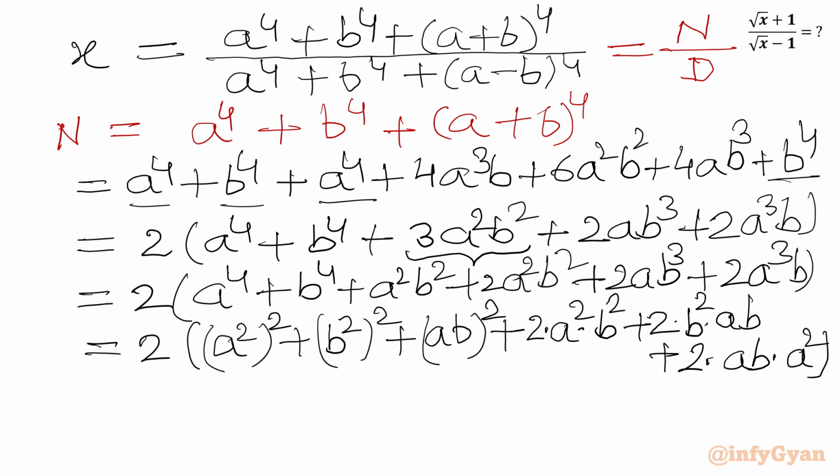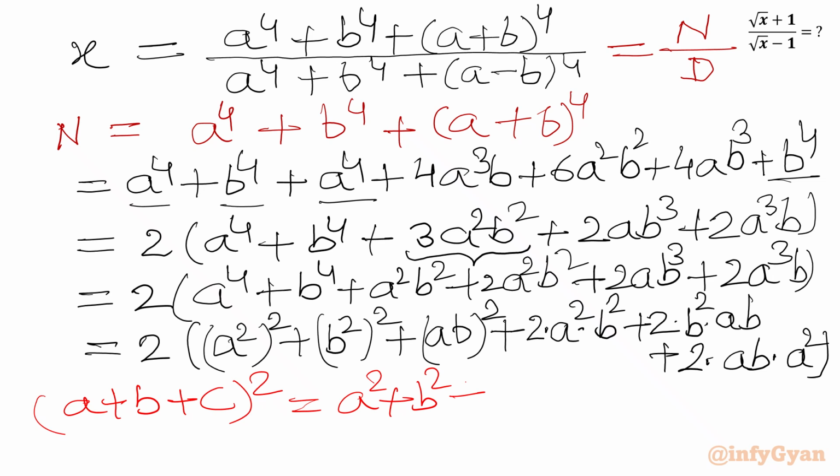Now this is one algebraic formula. If I will write here, (a plus b plus c) whole square is a square plus b square plus c square plus 2ab plus 2bc plus 2ca.